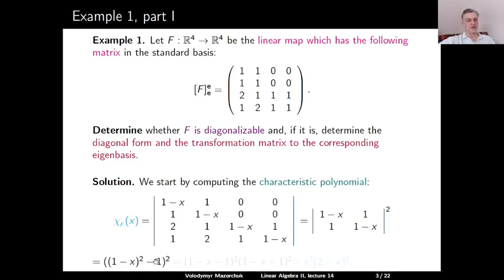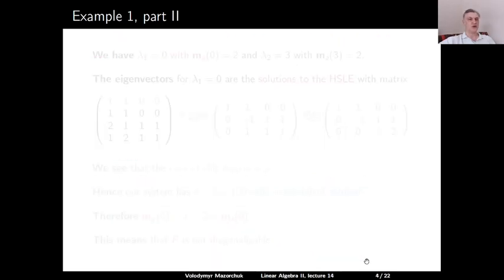Here inside we have the difference between two squares, so we get (1 minus x minus 1) squared times (1 minus x plus 1) squared. And altogether we get x squared times (2 minus x) squared. So we have two eigenvalues. The eigenvalue lambda 1 is equal to 0 with algebraic multiplicity 2, and the eigenvalue lambda 2 is equal to 2 with algebraic multiplicity 2.